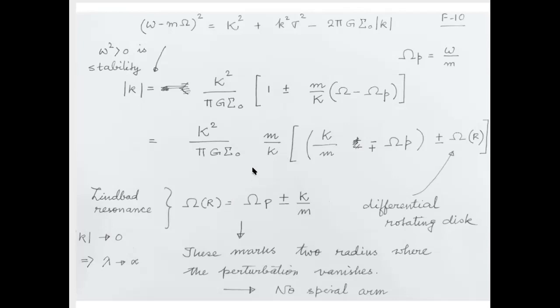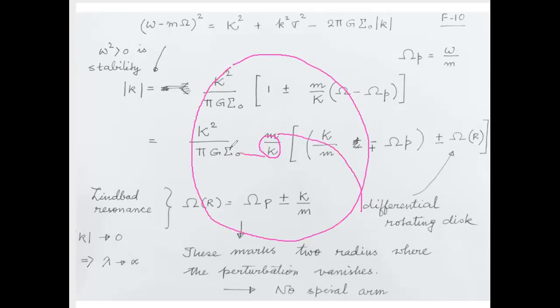So spiral structures can exist in a disk, but the spiral structure does not exist below a smaller radius and above a larger radius. If I take a smaller Lindblad radius and a larger Lindblad radius, the spiral structures will always exist only between these. There is one more thing which we have not been able to discuss here: if we have more than two spiral arms, then the inner Lindblad radius will come somewhere here.